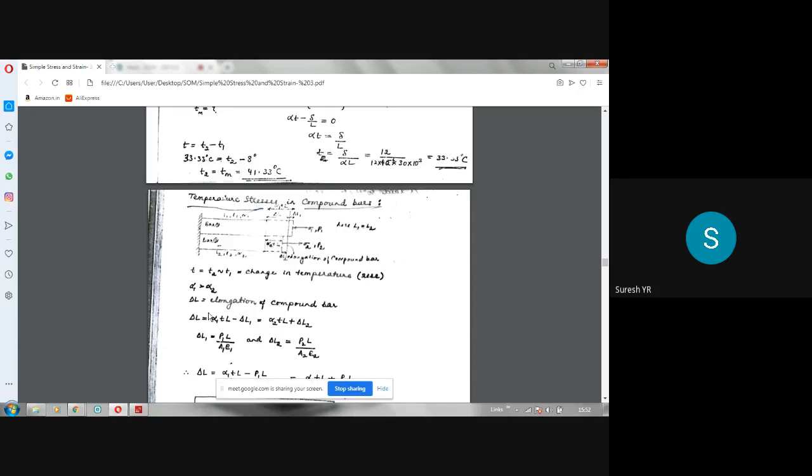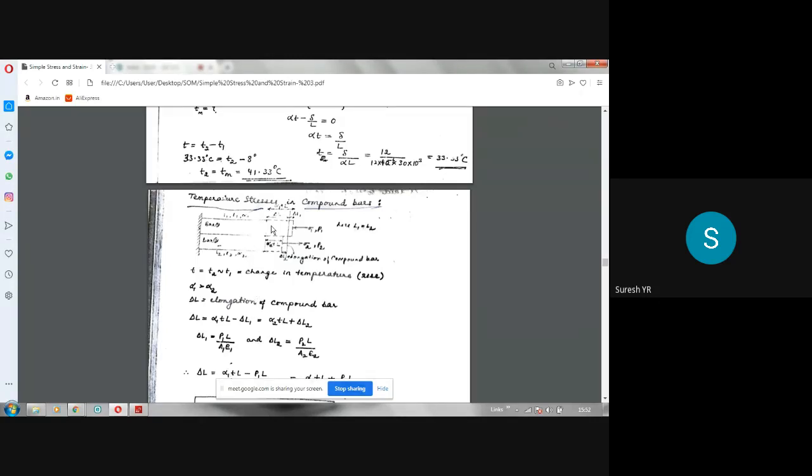Delta L is equal to alpha 1 TL minus delta L1 from the first bar, or it is also equal to alpha 2 TL plus delta L2 from the second bar. See here, these two should be equal. So this is your compatibility condition. Okay, delta L, whether you are calculating from first or second, it should be equal.